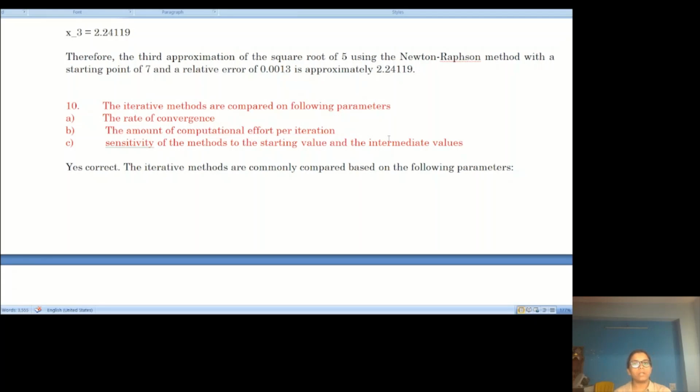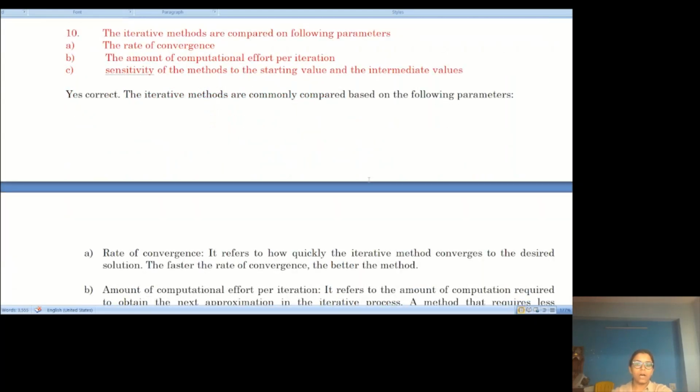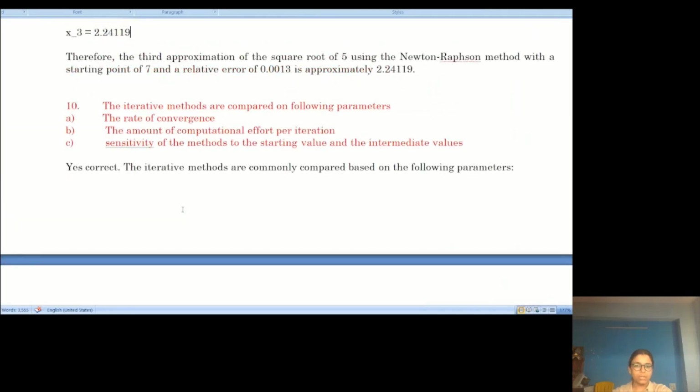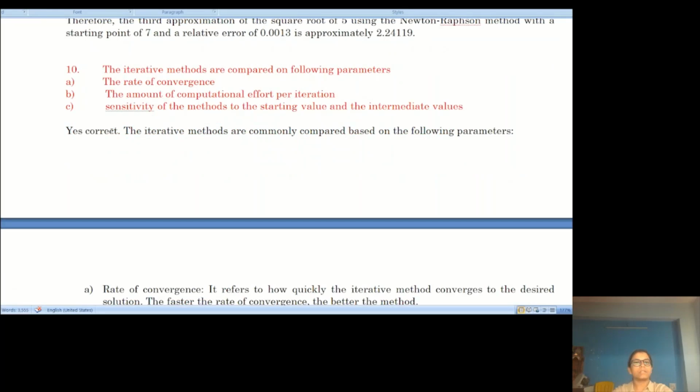This refers to how sensitive the method is to the starting point and the intermediate points. It is required to know this sensitivity for iterative methods, and so the 10th question is correct.